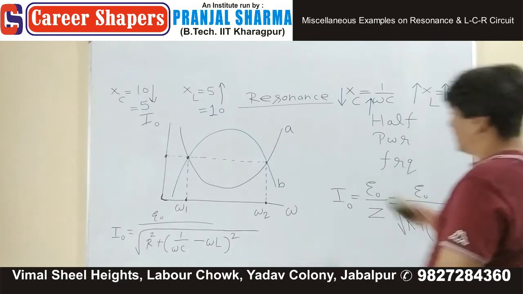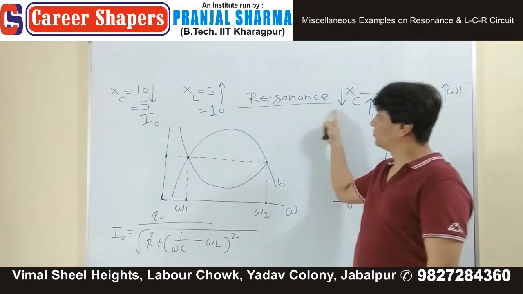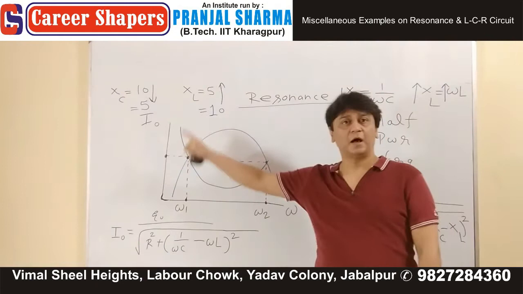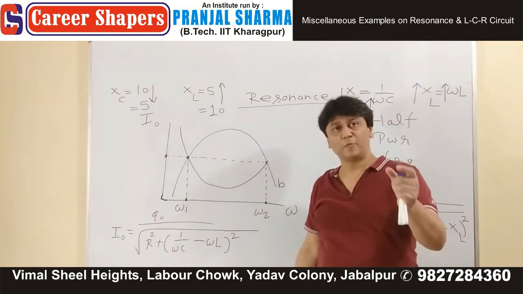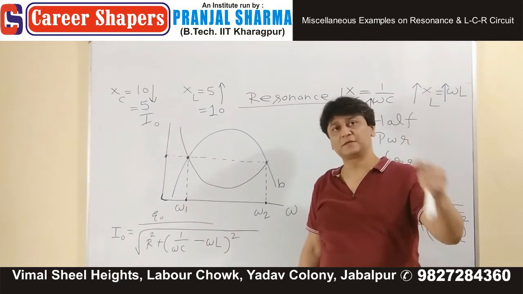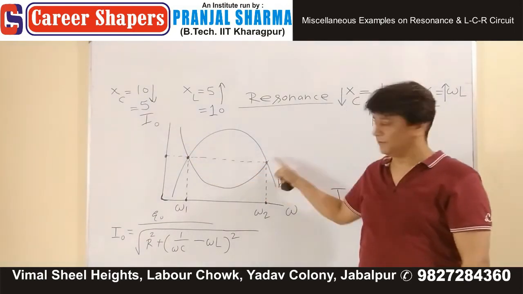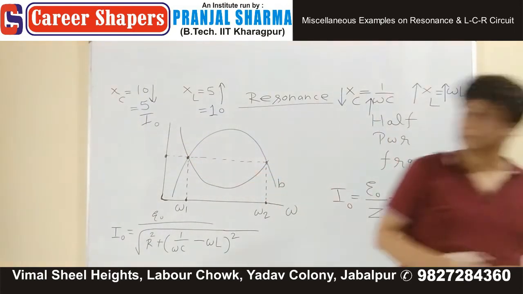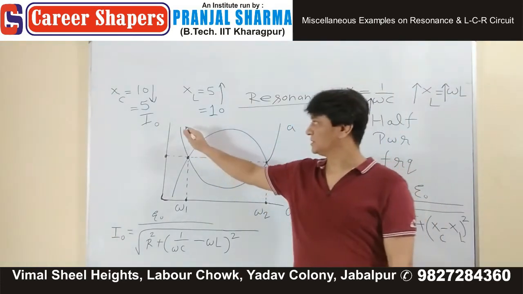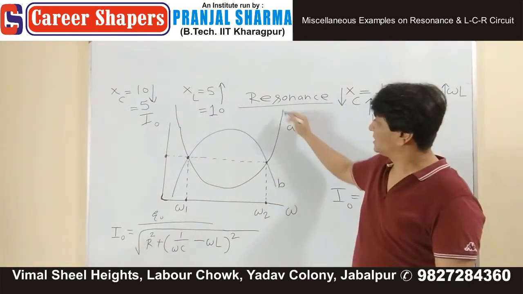Well, it cannot be graph A. Why not? Because of resonance. Resonance tells us that I naught for a certain omega, which is 1 upon root LC, takes the maximum value. If you look at graph A, the black one, its maximum is what?